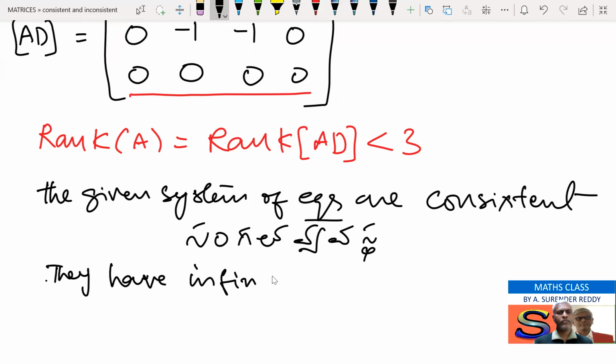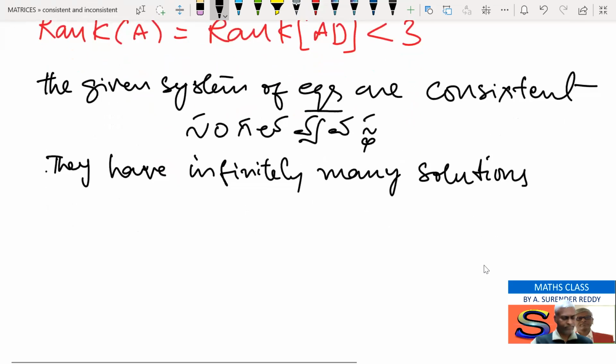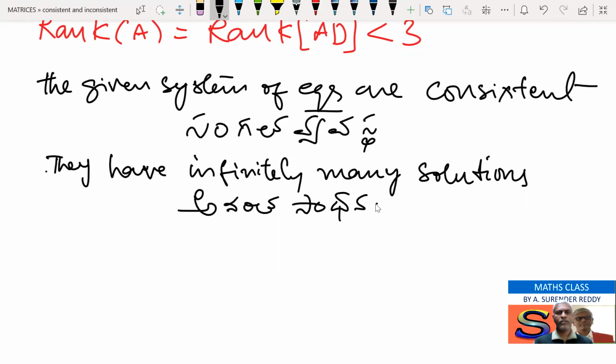Consistent system and infinitely many solutions.